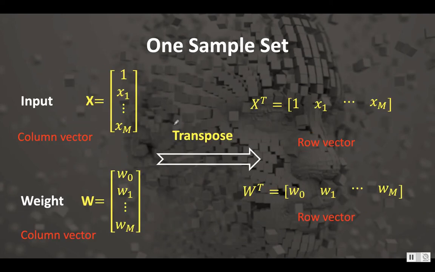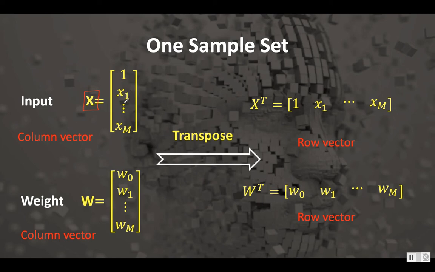Okay, before we introduce the least mean square method, we first learn some useful notation, which makes our equations easy to write and easy to understand. First, we use capital X to represent the input vector, that is 1, x1 until xm.